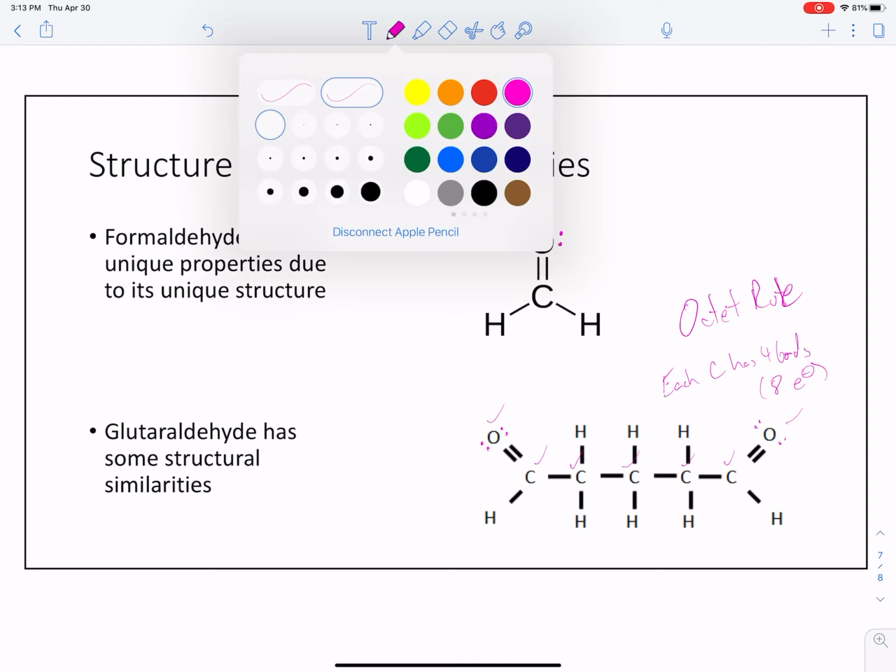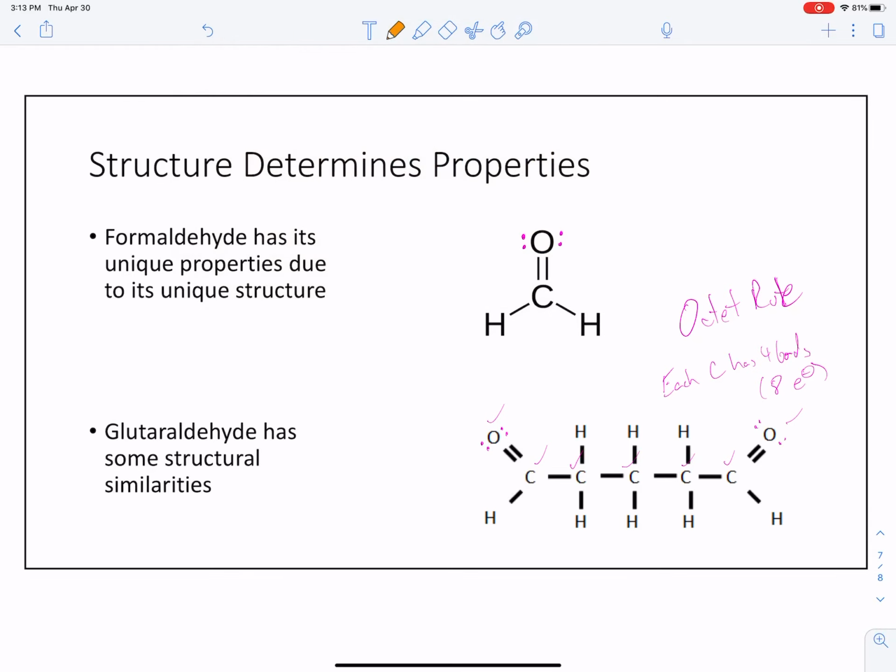So going back to the polarity, we know that oxygen, and I said it was because they were bigger. Let me correct myself here. We have something called electronegativity.